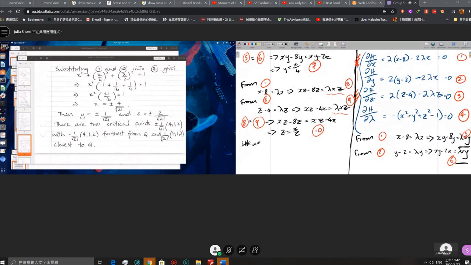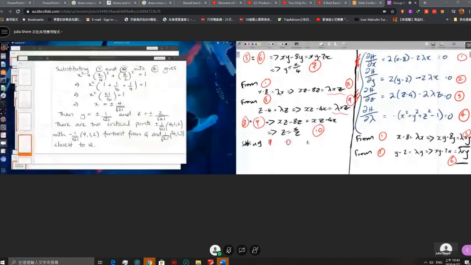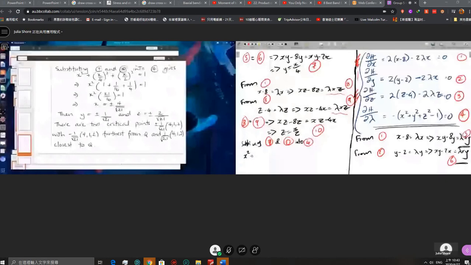If we sub 7 and 10 into equation 4, which was this one, we're going to end up with x squared plus (x on 4) squared plus (x on 2) squared is equal to 1.